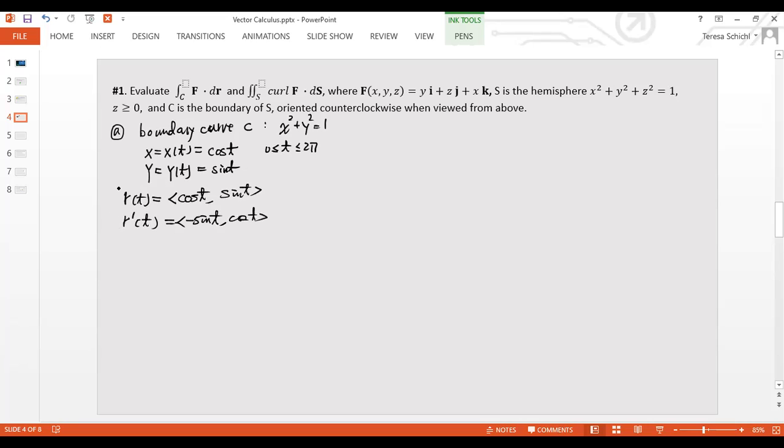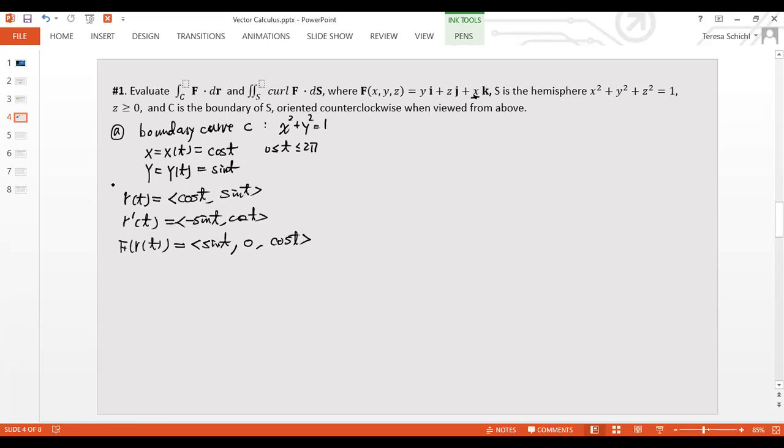Now we need to plug the parametric representation into my vector field. The first coordinate is y, so I have sine t. The second coordinate is z, which is 0. And the third coordinate is x, which is cosine t.